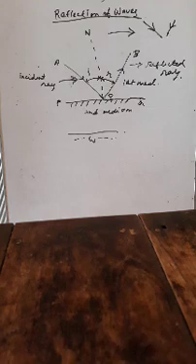Now, we all know that if light falls on a mirror, obviously it will change its direction. So the two phenomena that I introduced in the previous class are all examples of reflection of wave, though the nature of waves is different in different cases.